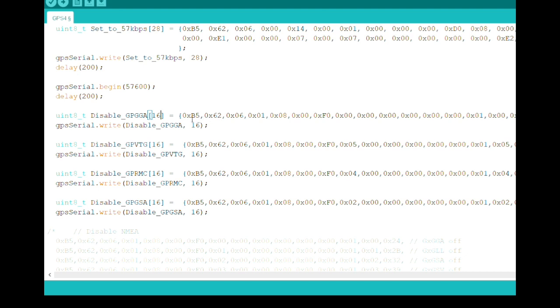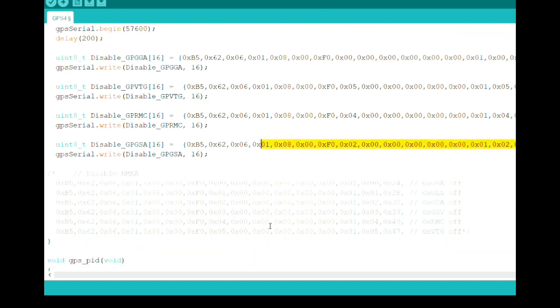And then I am doing a GPS serial.write. This is the array, and this is the number of bytes that has to be sent, 16. Similarly for the others. I did some research and found out from the Arduino forum, thanks to the guys there, the registers which have to be set.